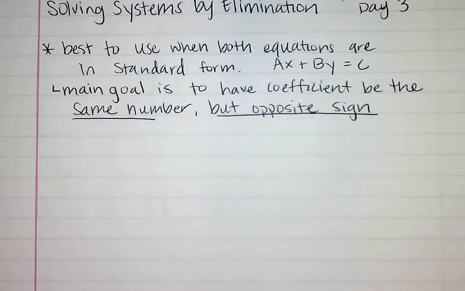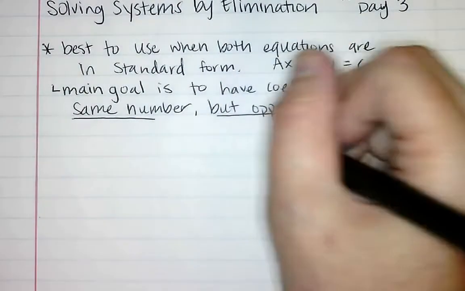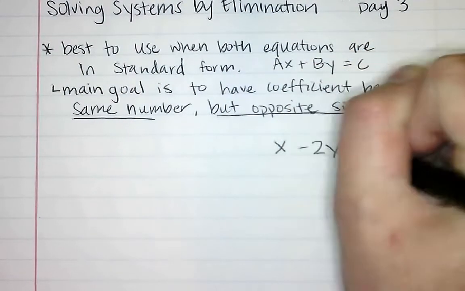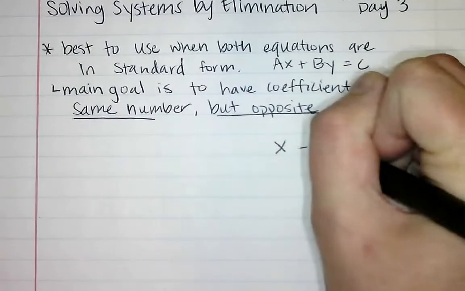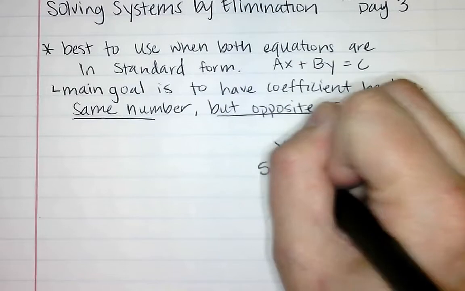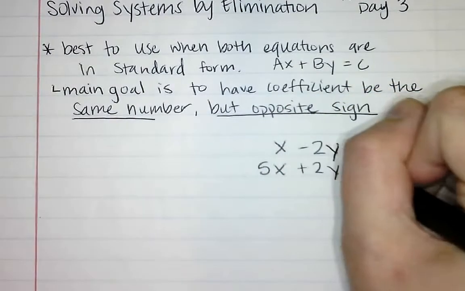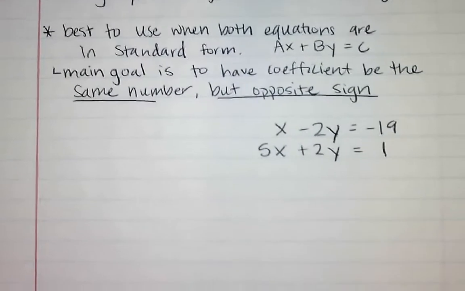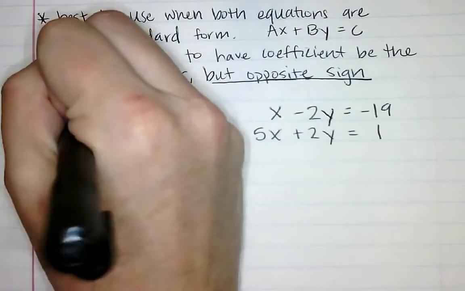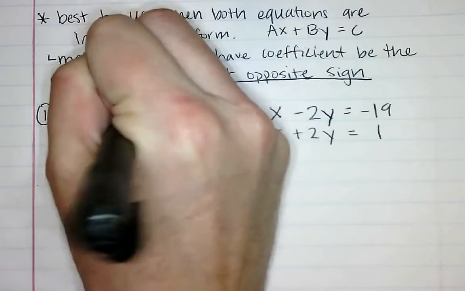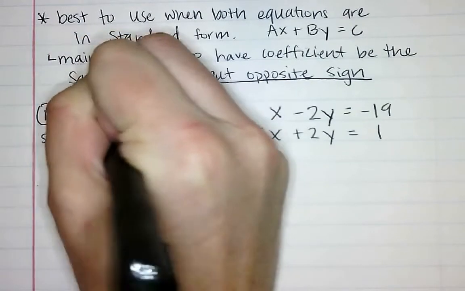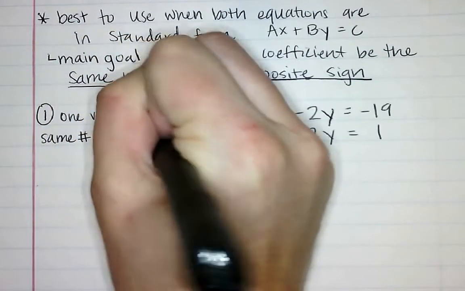So I'm going to give you a lovely equation over here. We have x minus 2y is equal to negative 19. And then we also have 5x plus 2y is equal to 1. So the first step is you get one variable to have the same number but opposite sign.